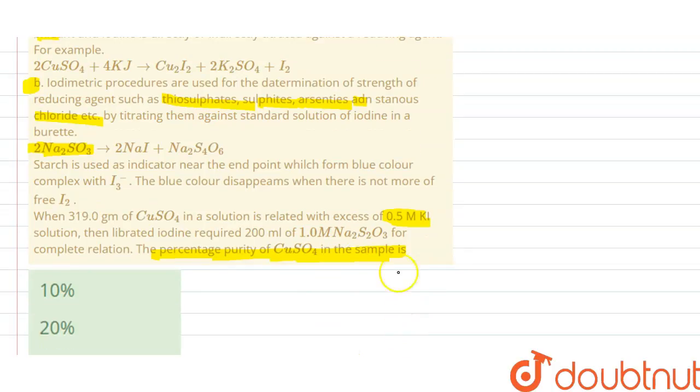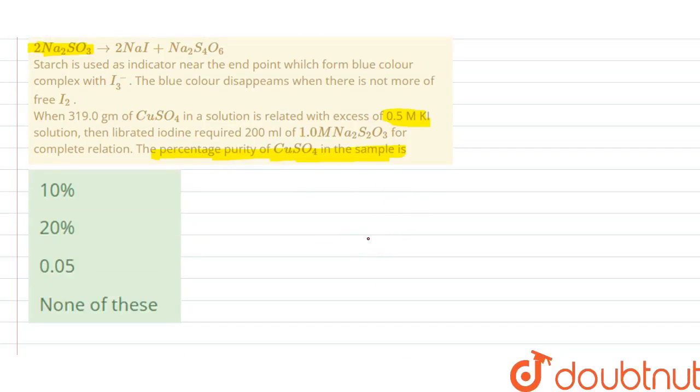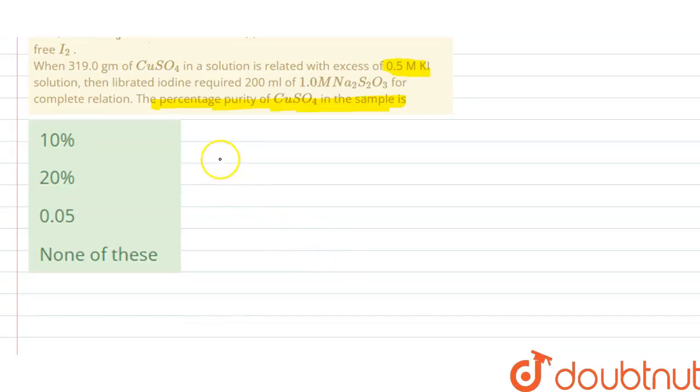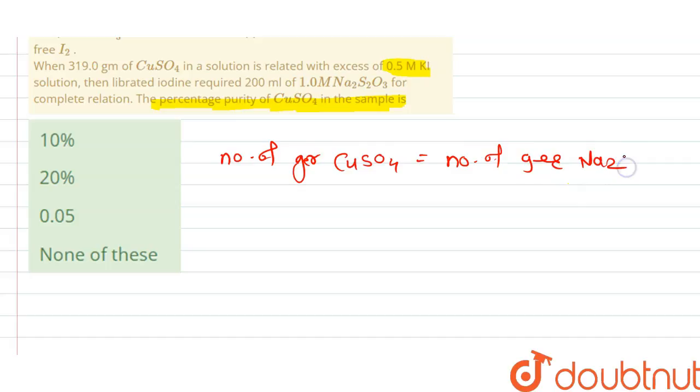So first of all, we can see that the number of gram equivalents of copper sulfate is equal to the number of gram equivalents of Na2S2O3.